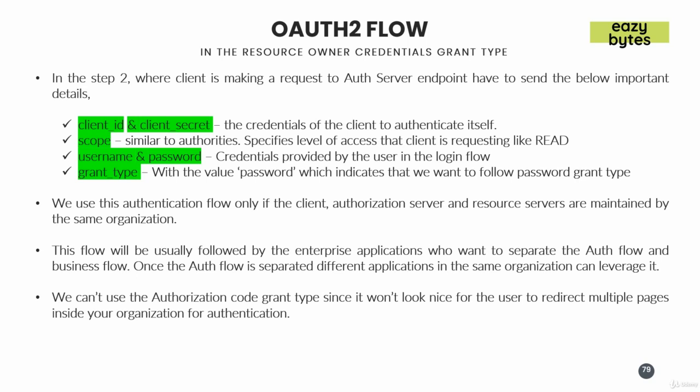They isolate all their authentication and authorization logic into a separate server called the auth server, and all these applications make a request to the auth server to generate a token, but they don't redirect, and all this happens only in the backend. One of the primary reasons we use this grant type is to give a better experience to the user by avoiding multiple redirects, since all these applications belong to the same organization.